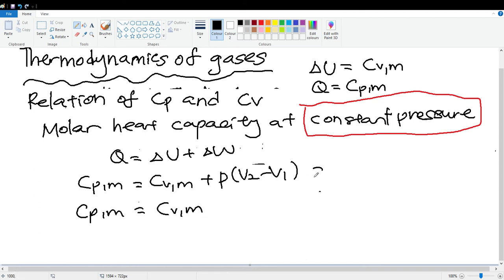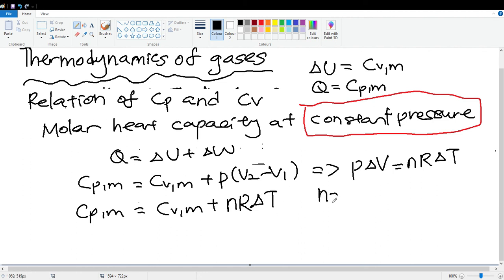This one is the P delta V. P delta V is equal to nR delta T, so I can directly substitute this as nR delta T. Why delta T? Because at constant pressure, the volume and the temperature keep changing.